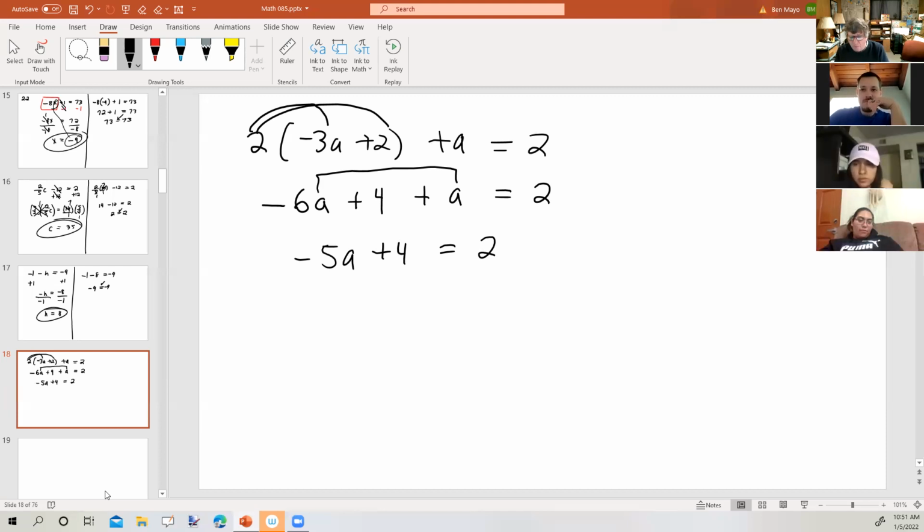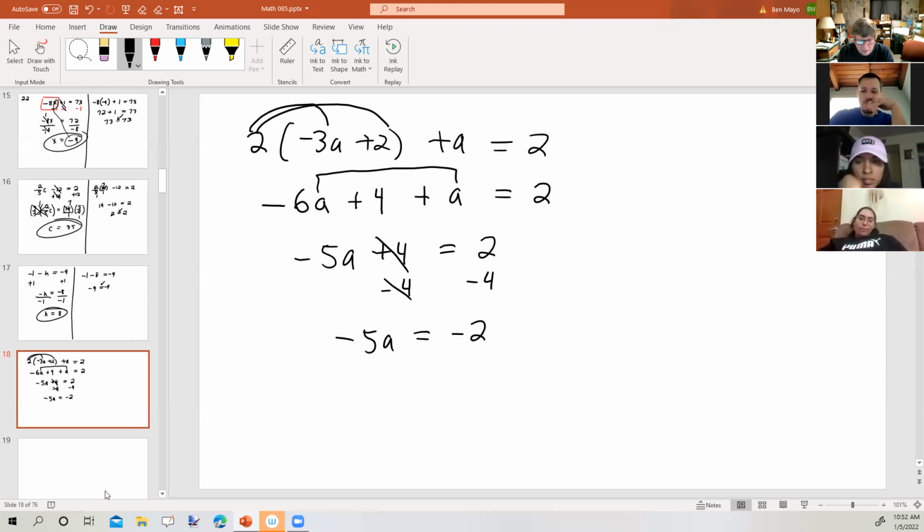Now, the right side of the equation is already simplified as much as it can be, okay? So now we're going to isolate the variable term and then isolate the variable. So my next move is going to be to subtract 4 from both sides of the equation so that I isolate the variable term. 2 minus 4 is -2.